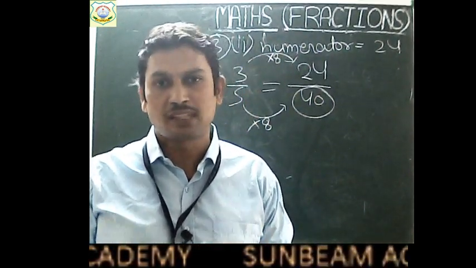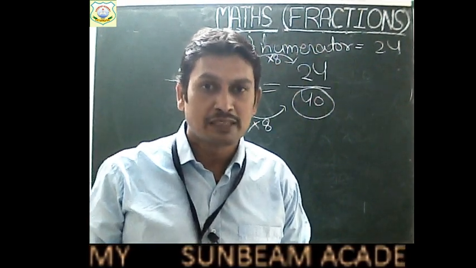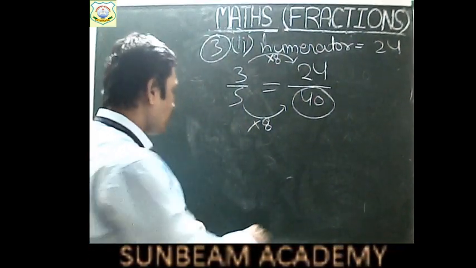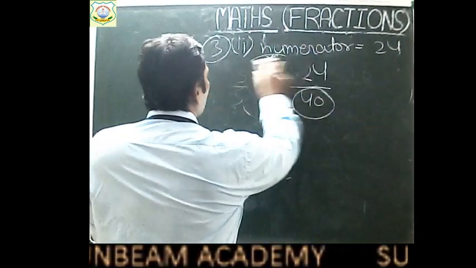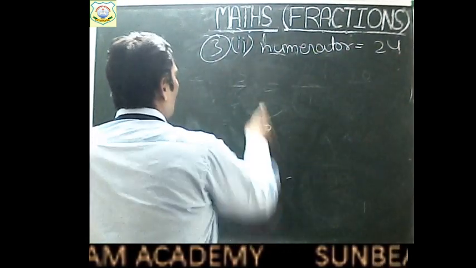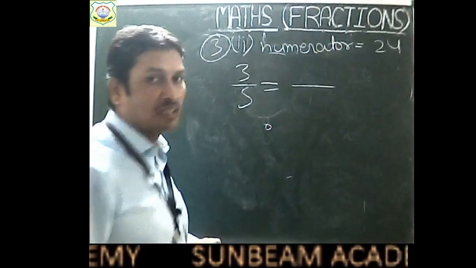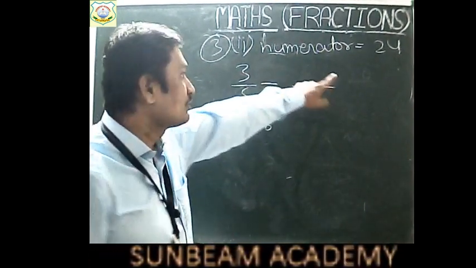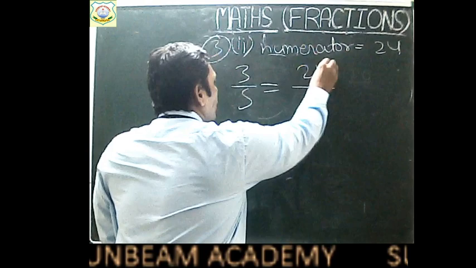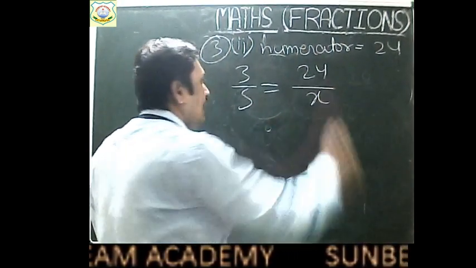This is the direct way, but we have to solve mathematically also. So let us see how to solve. Here our fraction was 3 by 5 and we had to find its equivalent fraction. In the equivalent fraction, the numerator was given as 24. So suppose the denominator is x.